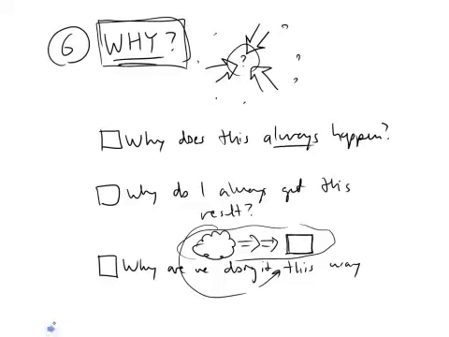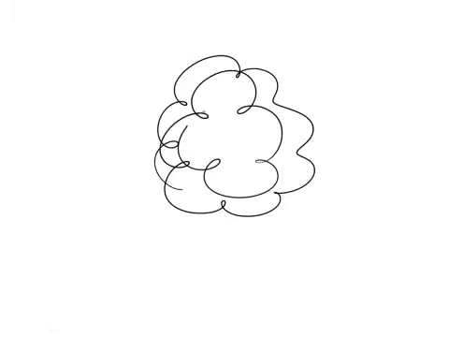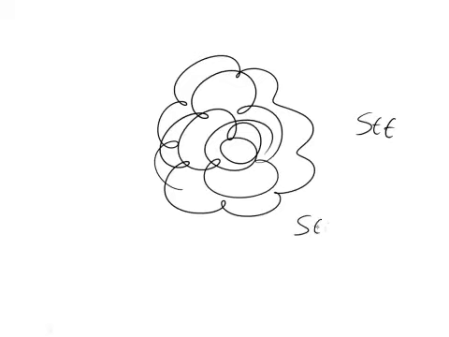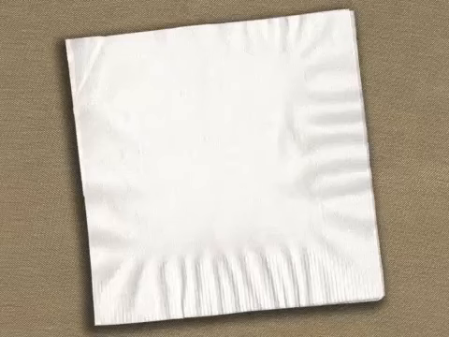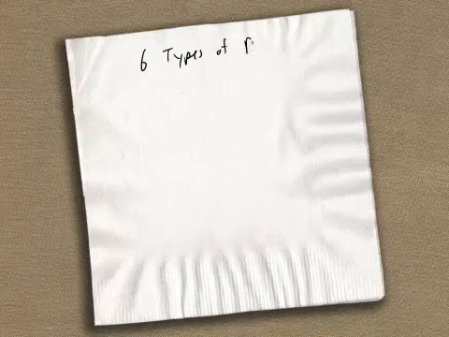Now, the reason why this is important, of course, is because as we face our big, nasty problem, we want to be able to see it well so that we can see it through. To summarize then, there are 6 types of problems that we face.